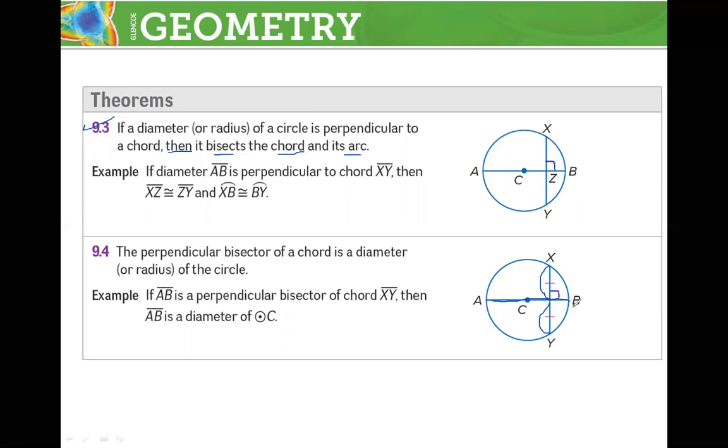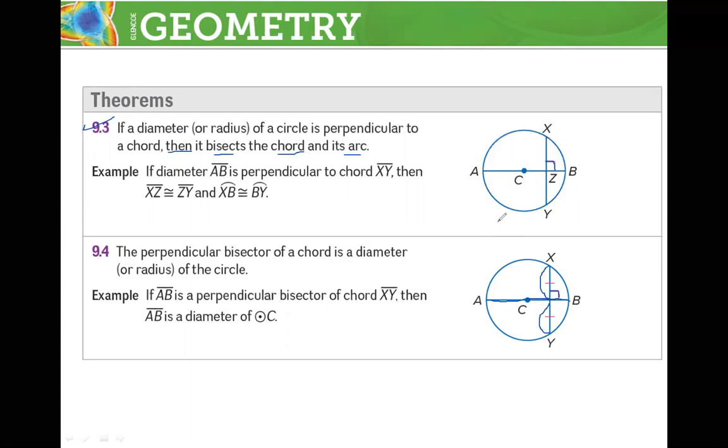Again, in the first example, he gave me a diameter as information. We have a diameter and this diameter is perpendicular, so it bisects. But in 9.4, if we have a perpendicular bisector, it means a line that bisects, divides into two equal parts, and is perpendicular to a chord, so it will be a diameter.